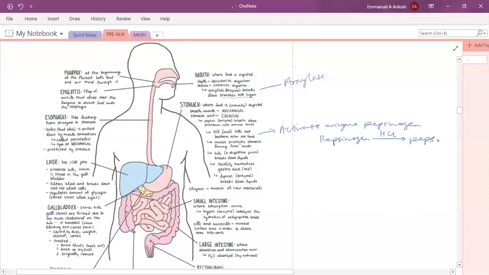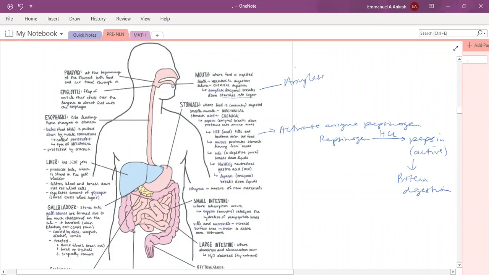Pepsin is the active enzyme, and its function is to digest protein. So digestion of protein starts in the stomach, because you have the pepsin in there. Digestion of carbohydrate starts in the mouth because of the amylase.